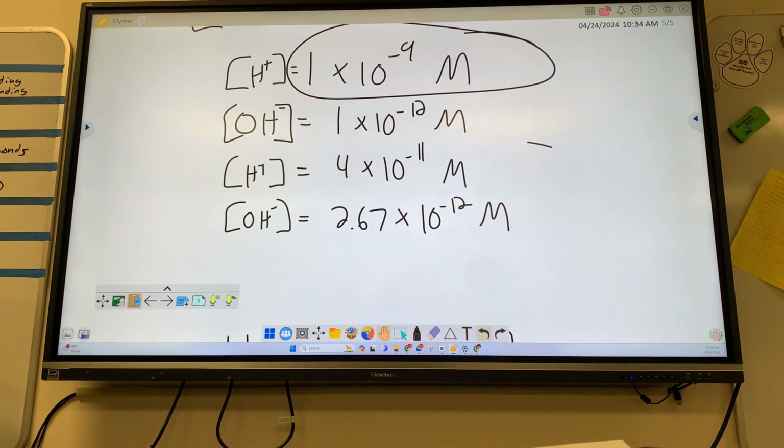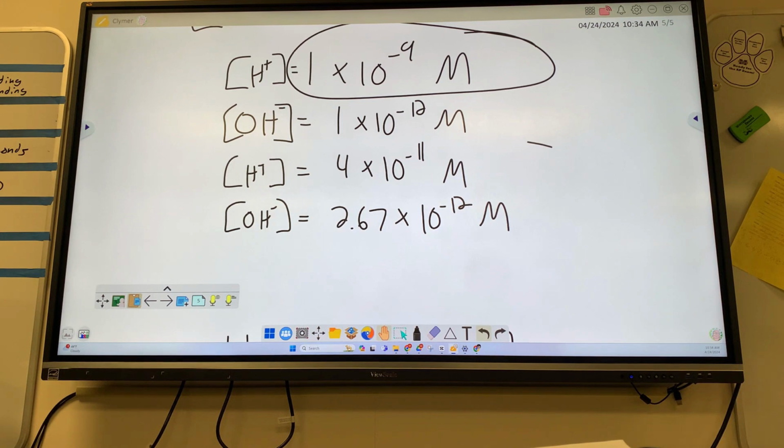Right? So what we wanted to do, being chemists, I guess, is make this more palatable. And pH is simply a math trick to make this number easier to use, quite frankly. Okay, and we do that by using logarithms.